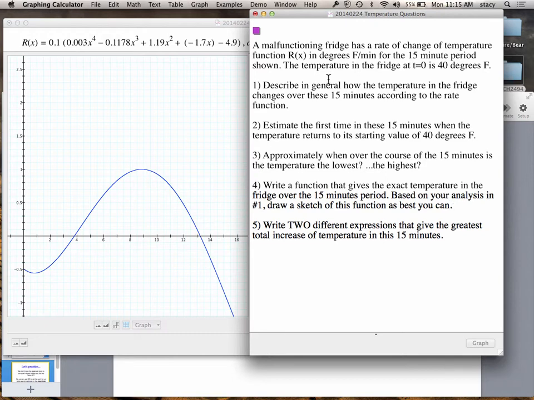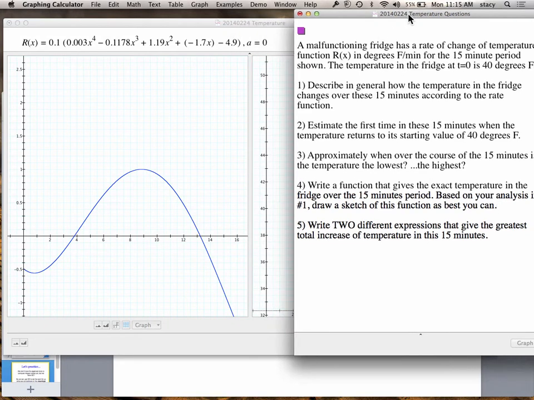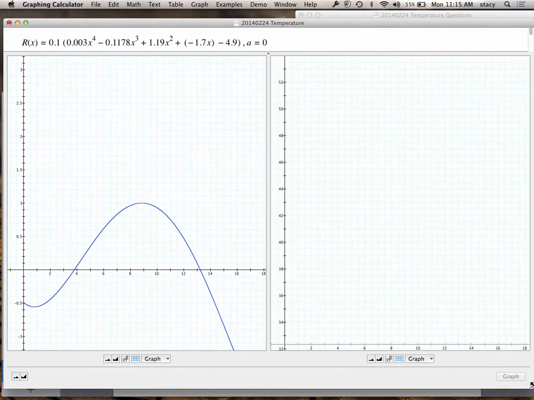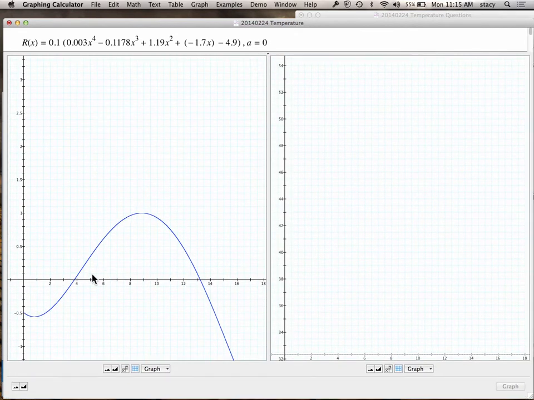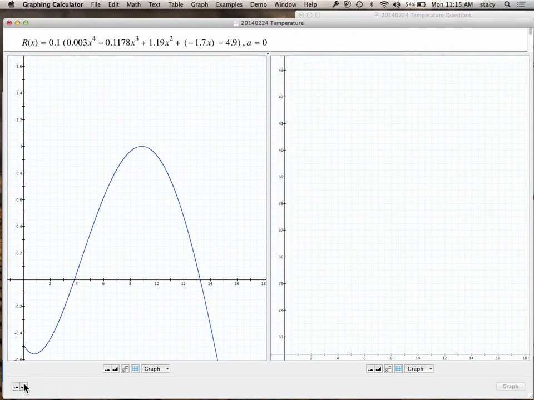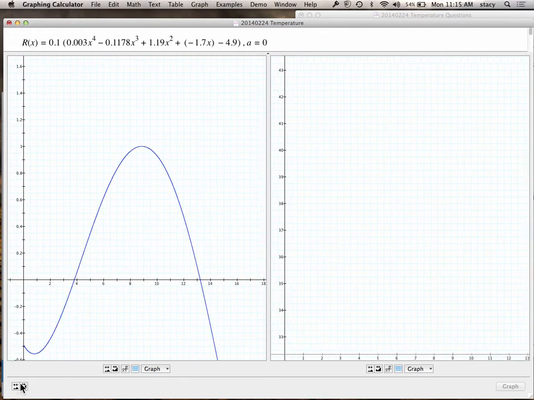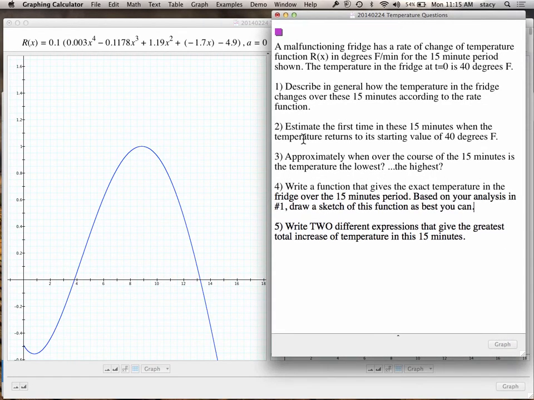Make it bigger? The graph? Sure. Is that what you mean? Oh. No, I don't think so. Sorry. It is, yeah.